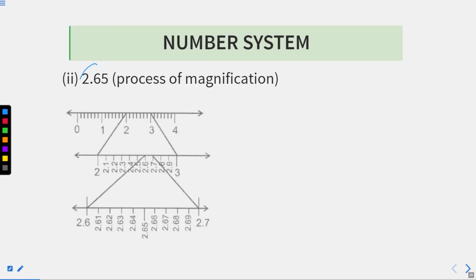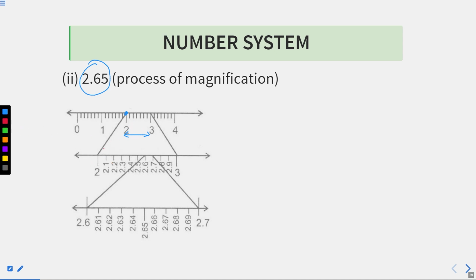Similarly, 2.65. How are we going to represent it? In a similar manner, we first get to the 2, and then from the region 2 to 3, we divide the region into 10 equal subparts.